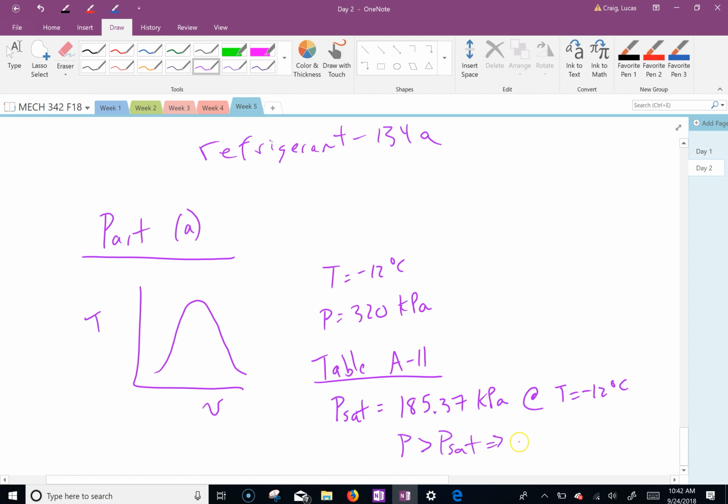Compressed liquid, right? I hope that's what I have in my notes. So we're somewhere over here.